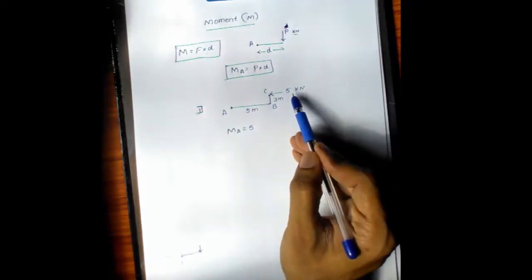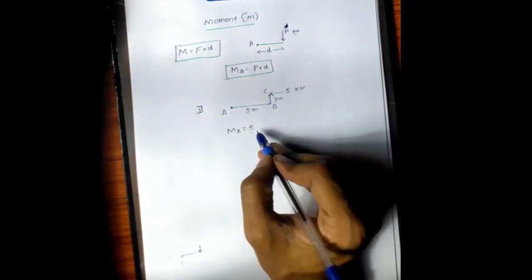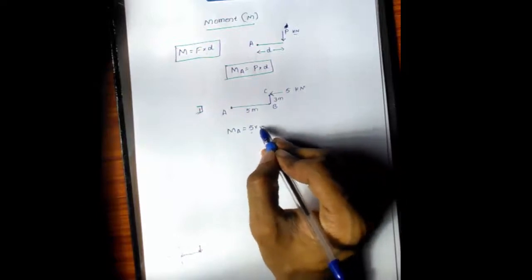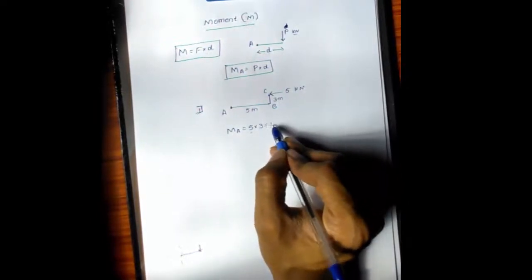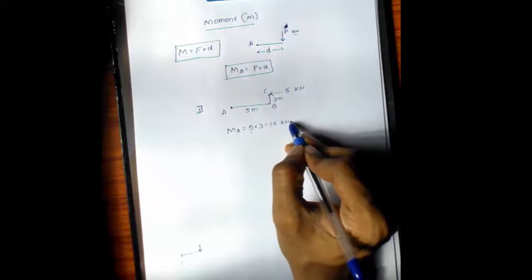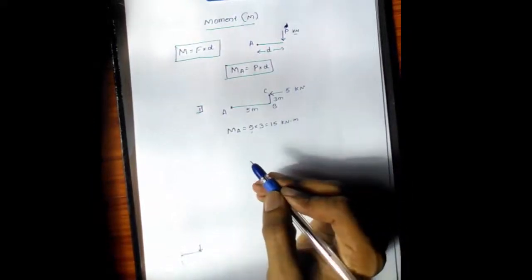So this 5 kilonewton is this one. Force, load 5 into perpendicular distance 3, that becomes 15 kilonewton meter.